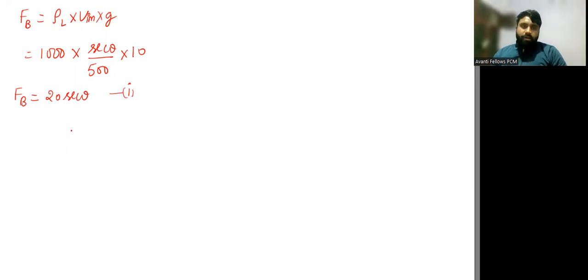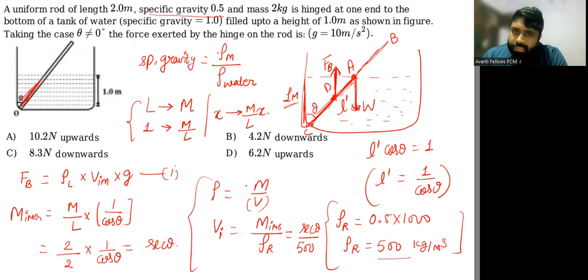Now, for rotational equilibrium, the moment of this force, which is weight, and the moment of buoyant force about the hinge will be 0, because the rod is not rotating, as it is in equilibrium. It can only rotate about this hinge end, and it is not rotating now. So the moments of these forces will cancel each other out. Okay.